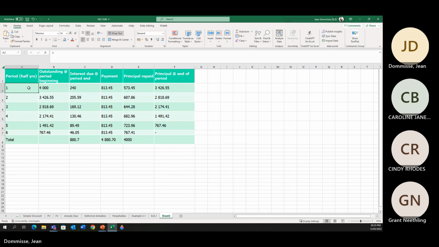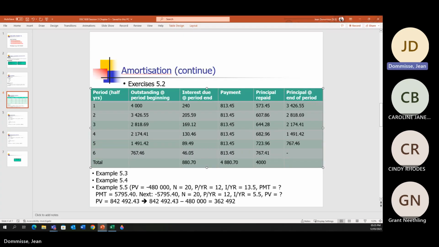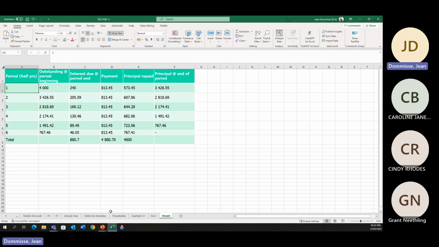I'm just going to call it a table. So they tell us in exercise 5.2, draw up an amortization schedule for a loan of 4,000 Rand for 3 years at 12% per annum, compounded half yearly and repayable in 6 half yearly payments.